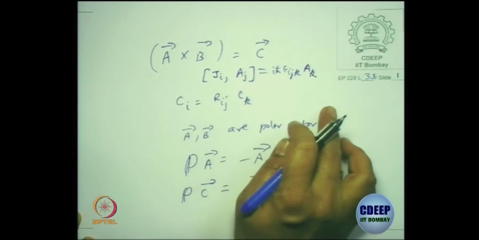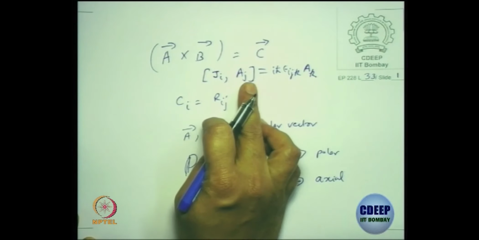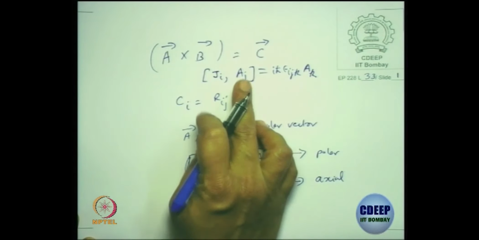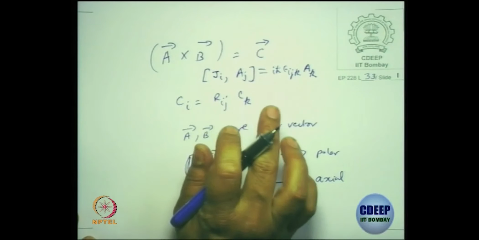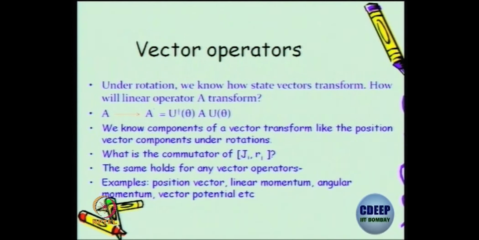I did not do this for you, but I gave you an indication that you know how to do it for R, and instead of R you replace it by A and you can do this. So what is this commutator? And the same holds for any vector operators. For example, position vector, linear momentum, angular momentum, vector potentials are all examples of vectors. They are also vector operators in quantum mechanics.